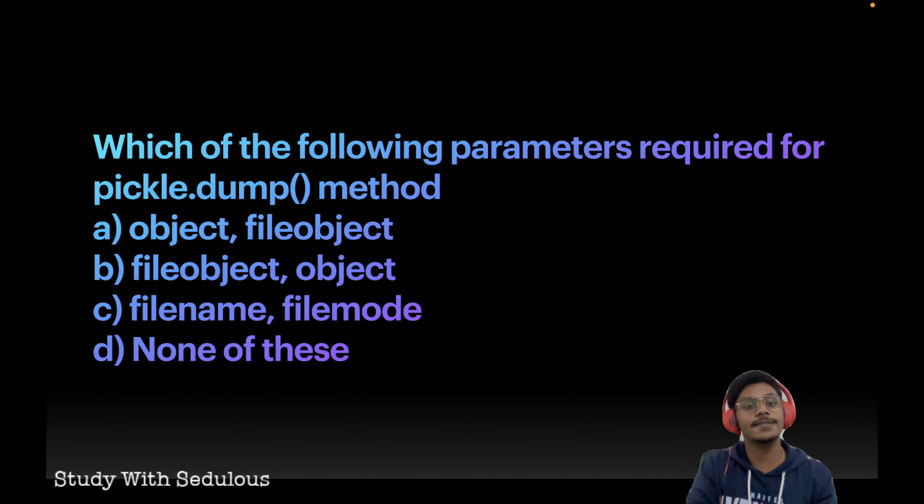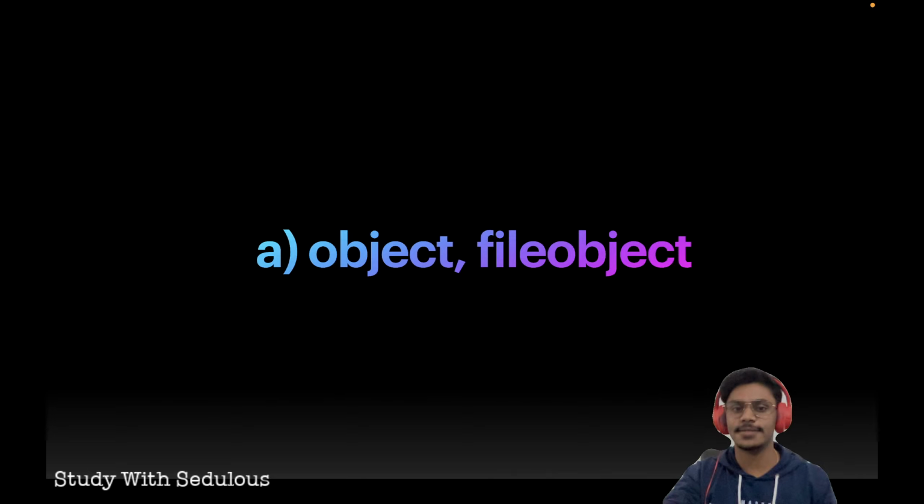This question asks us to remember the format of dump. First the object has to come, then the file object, or is it the file object and then the object? It's logical that the object goes into the file object, right? So object first, then file object. So it should be option A. Let's see. And that's right.